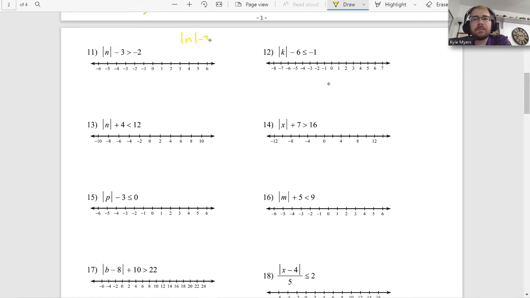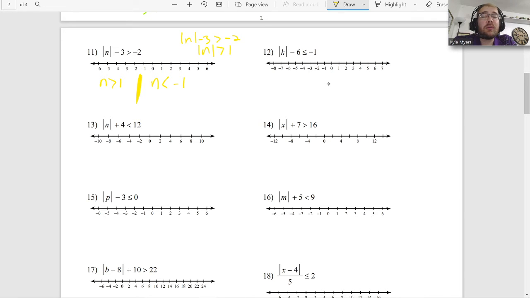I'm just going to copy it over here so I have a little bit of space. I want to add 3 to both sides first. If I add 3 to -2, it becomes +1. Then I can split it. Keep it the same. Keep, change, flip.